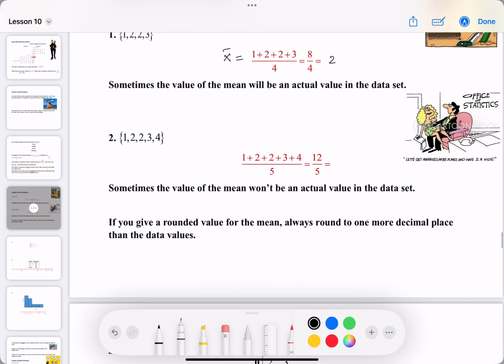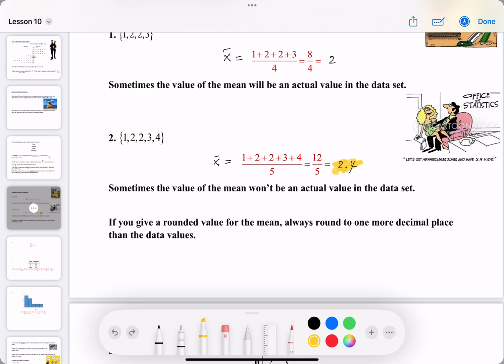Okay, second one: 1, 2, 2, 3, 4. Finding the sample mean, we're adding all of the data together and dividing by how many values we have. We have 5. 12 divided by 5 is 2.4. Sometimes you see that this value 2.4 is not a value from the data set.